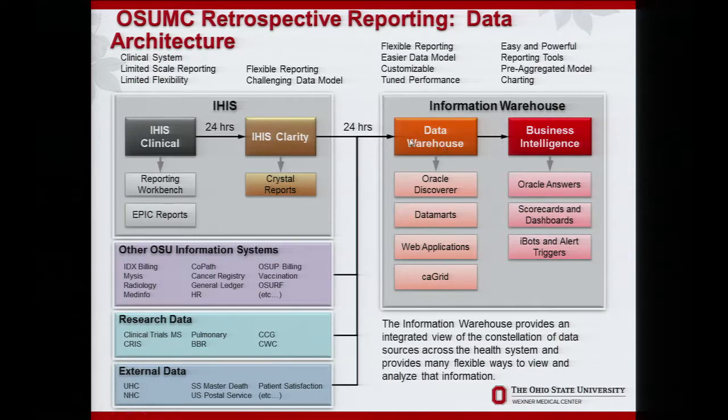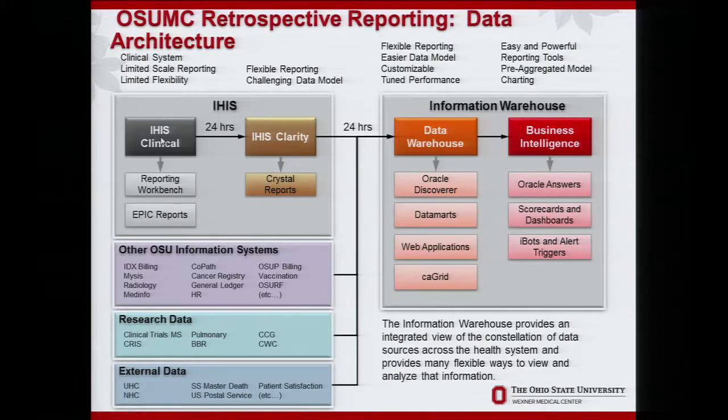Every 24 hours after that, we move into our information warehouse. And so that's where we have all our historic data, as well as a number of tertiary systems, and we are able to put all that data into one single location. So depending on the questions that you're asking, depends on what data source we go to.